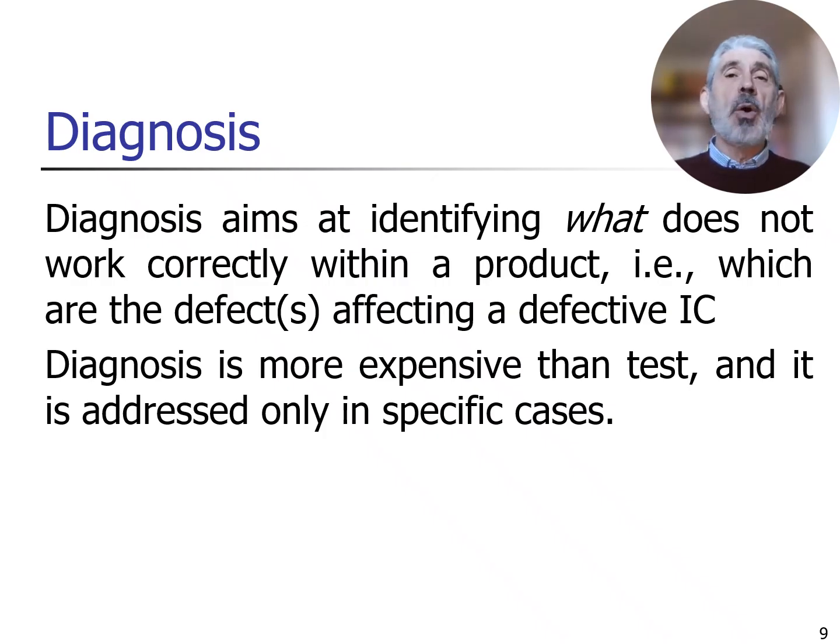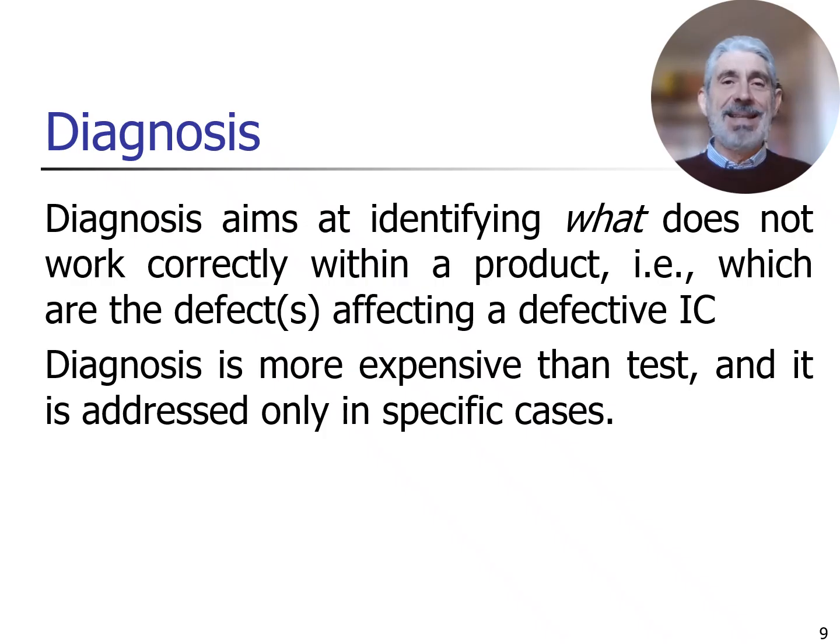So we need to understand what is wrong inside the circuit, and this interest may be due to mainly two reasons. First of all, during the first phase in the life of a product, the semiconductor company may need to optimize the manufacturing process, removing those parameters, or improving those parameters that may lead to some faulty devices.